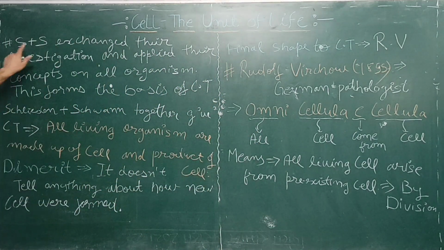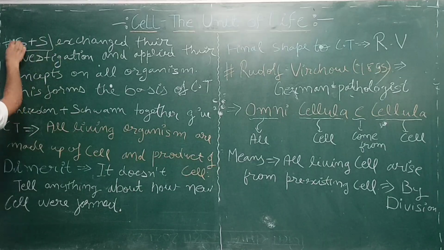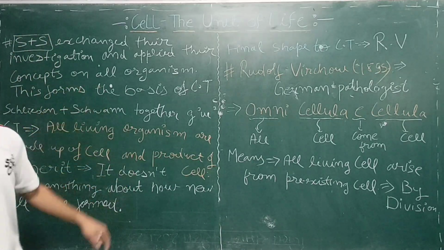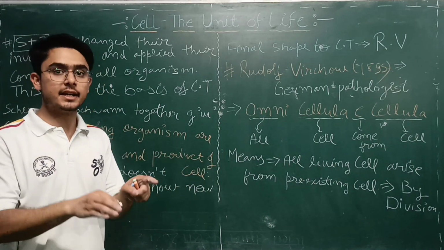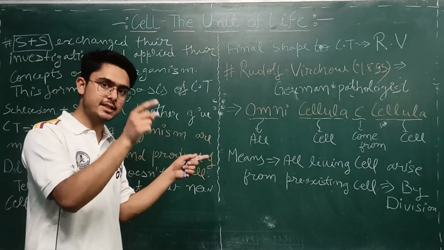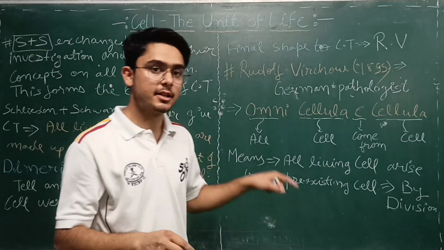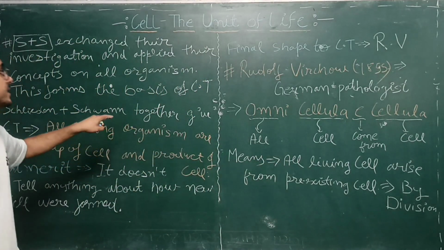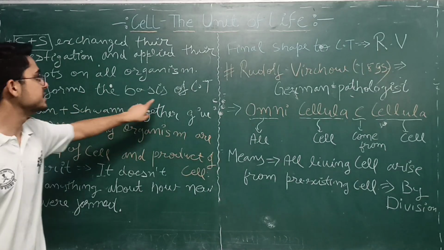But when Schleiden and Schwann came together, they extended their theories and worked upon that, and they explained that hypothesis together by experimental proof. Then this becomes the basis of cell theory.